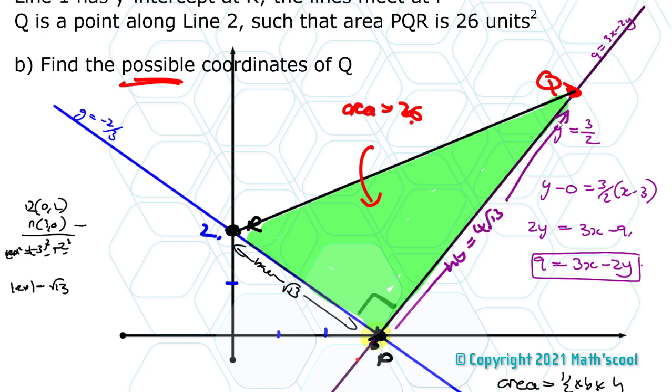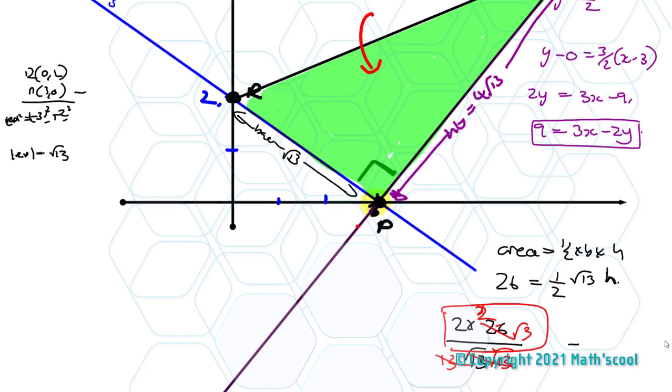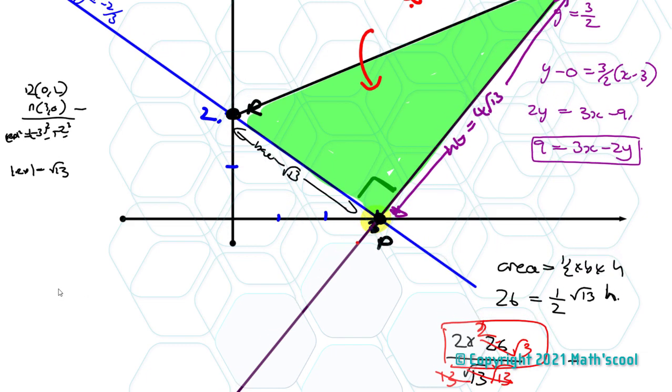Okay, I'm going to use that to work out Q. But the way I'm going to use it to work out Q is kind of sneaky. Because if I try and use it by doing this, Q to P equals root 13. So Q is x comma y, and P is 3 comma 0.